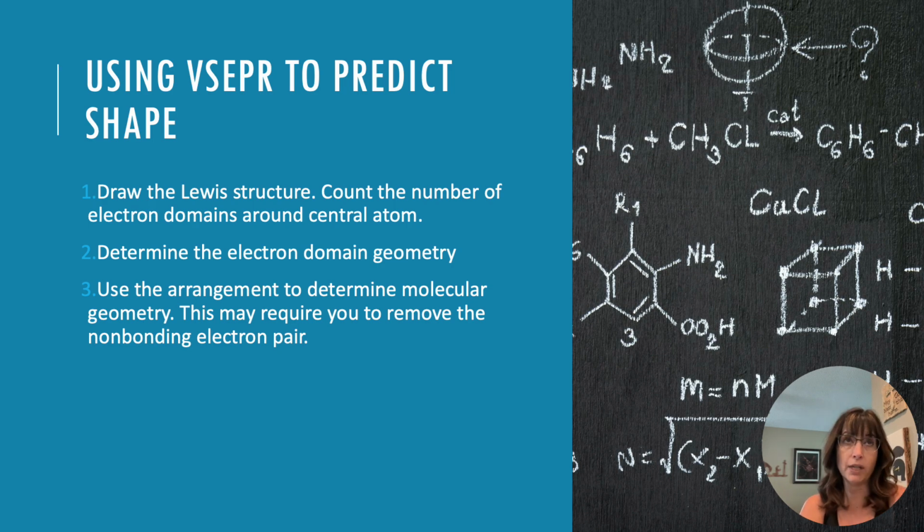You might also want to look at the formal charge and see which one's correct. Once you have an accurate Lewis structure, count your electron domains. That's your electron geometry. If you need to, remove any pairs of dots and go from the electron geometry to the molecular geometry. You'll see on the next couple of slides what those shapes are.